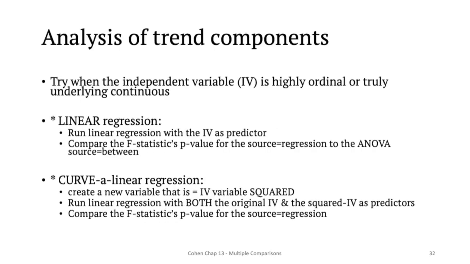Now, the last thing is when the independent variable is really ordinal or truly continuous, that's when I would recommend using a linear regression. And everything I have here on the slide is stuff that we cover in the regression class, the 7610 class.